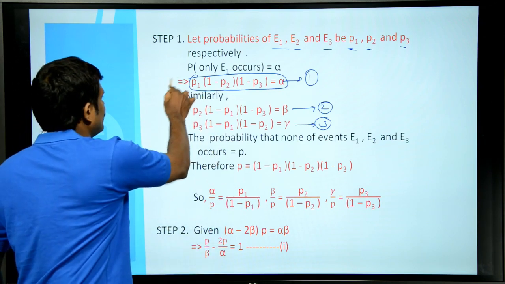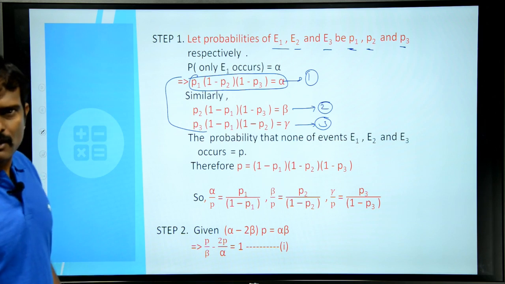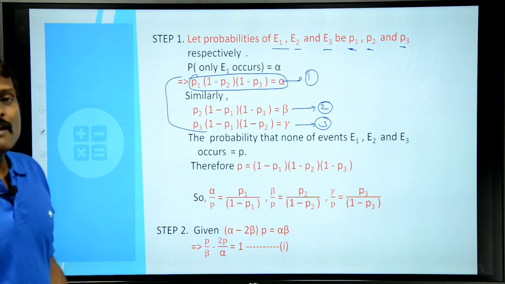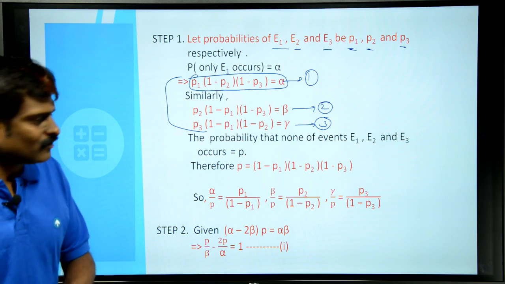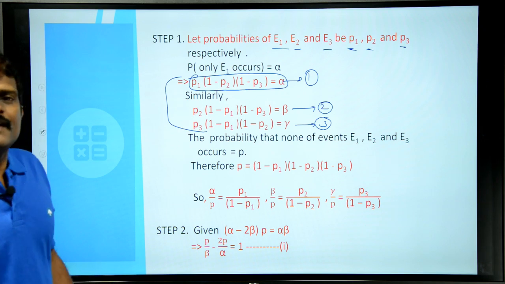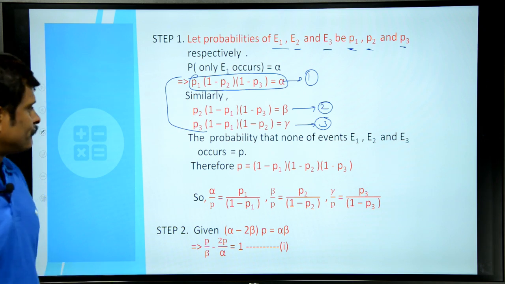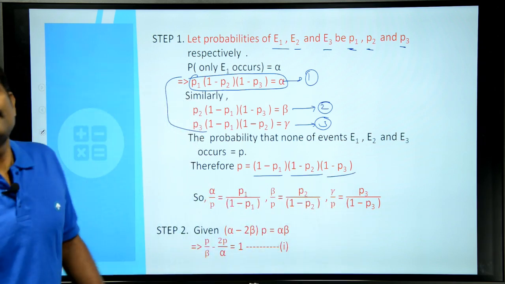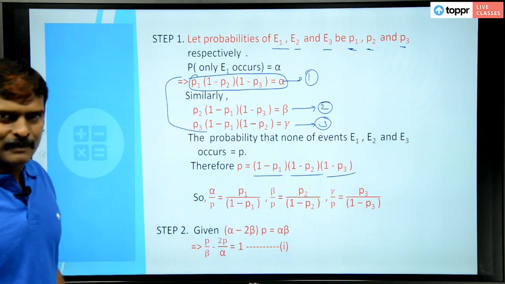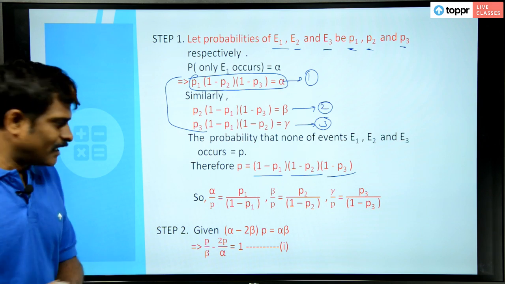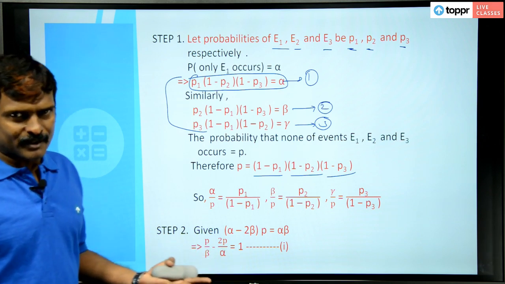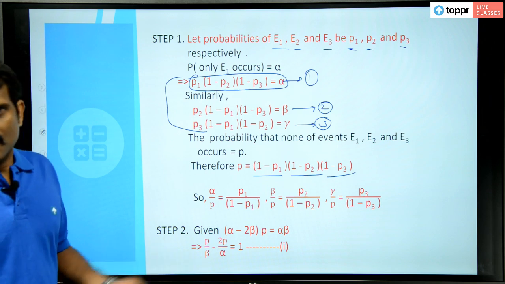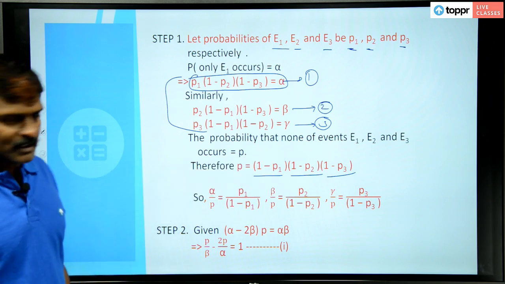Now, these are the three equations which we have got. Then the probability of none of the events happening, like no other event is happening, we are taking it to be P, because he only gave that it is P. So, P is equal to all of them are not happening, 1 minus P1 times 1 minus P2 times 1 minus P3. You understand, right, like 1 minus P1 is when E1 is not happening and 1 minus P2 is when E2 is not happening, similarly P3.